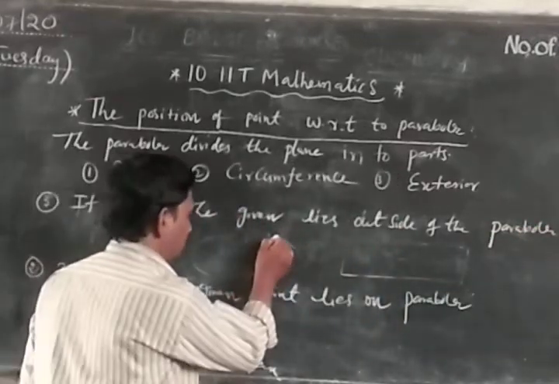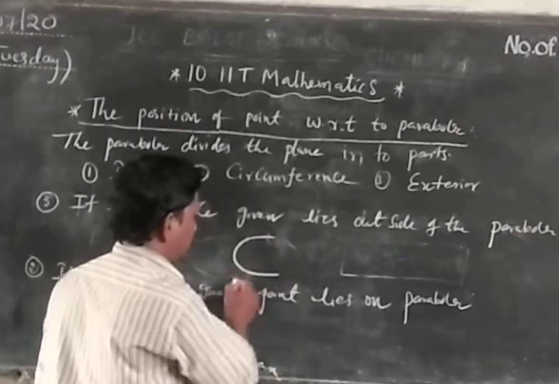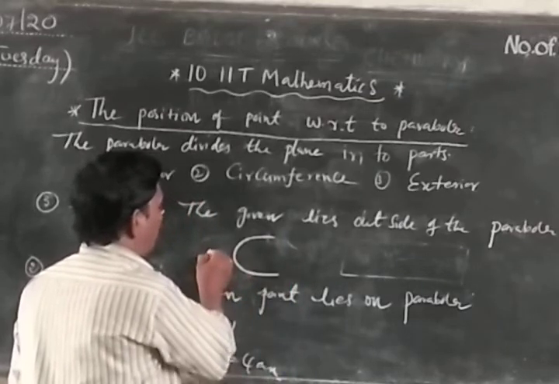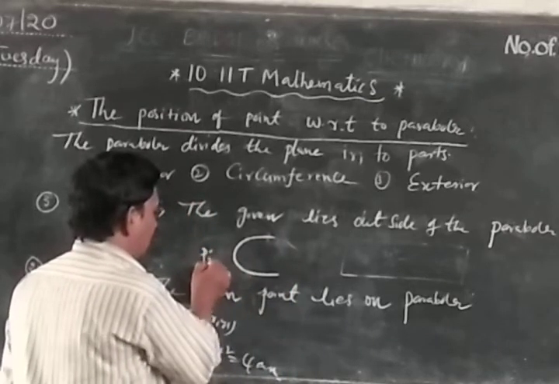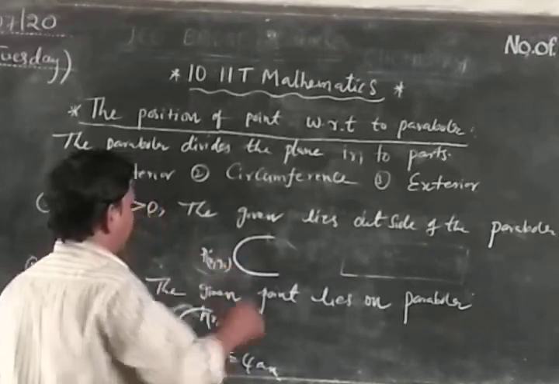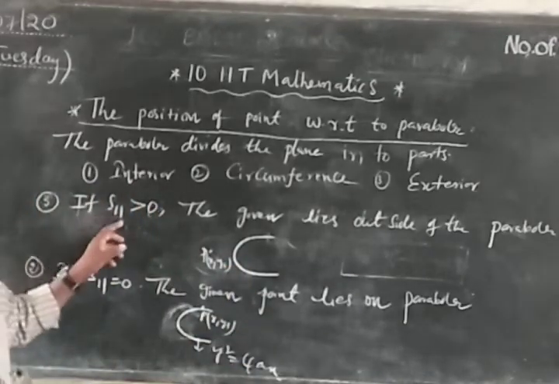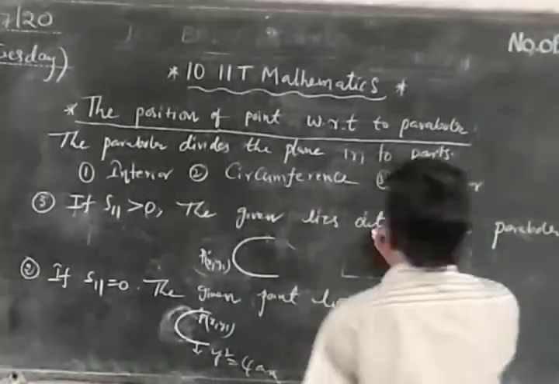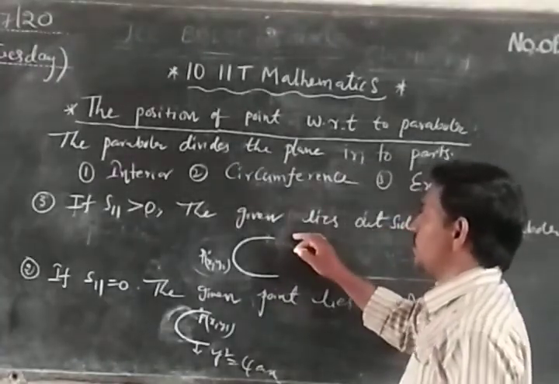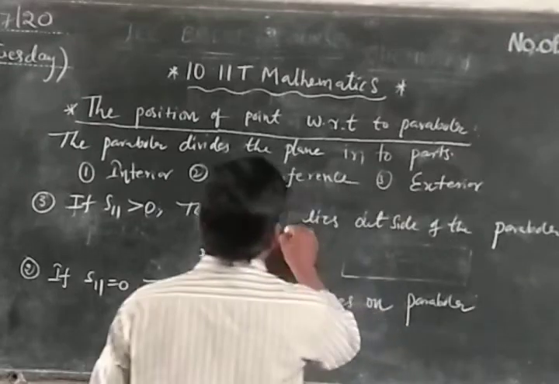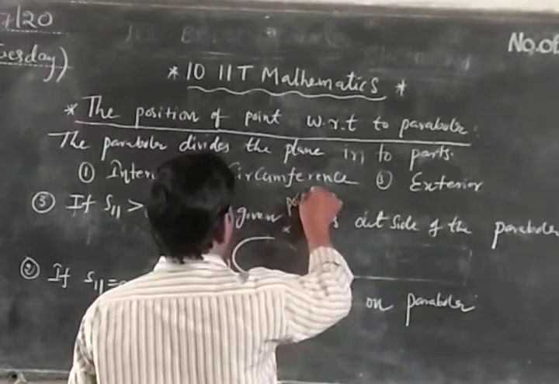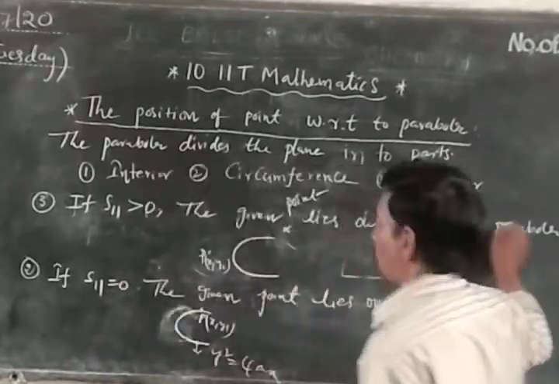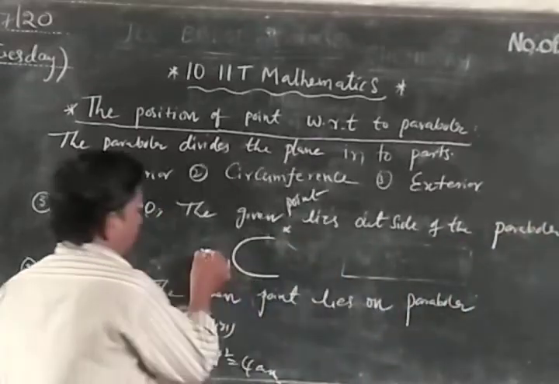Like this is the point P, x1, y1. When S11 is greater than 0, the given point lies outside of the parabola. It is like this.